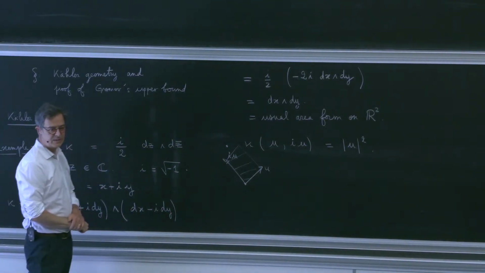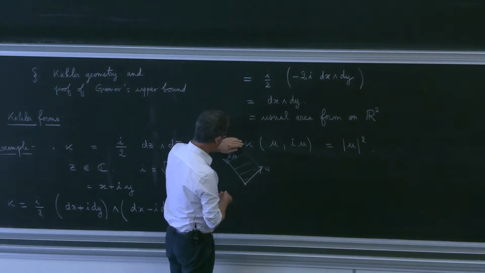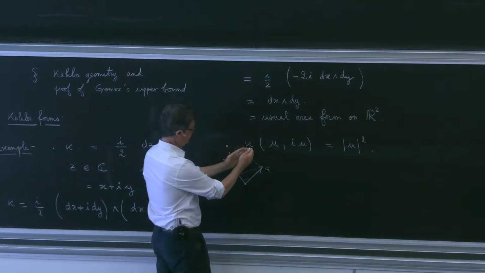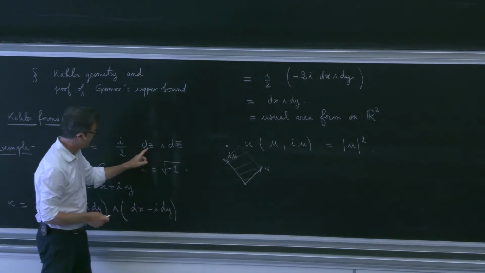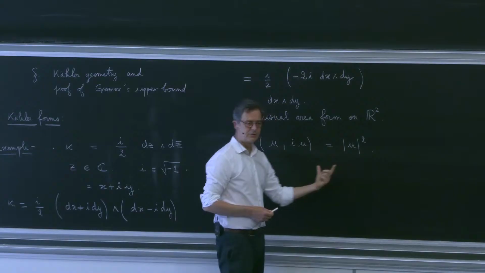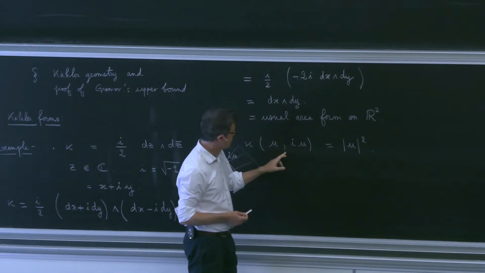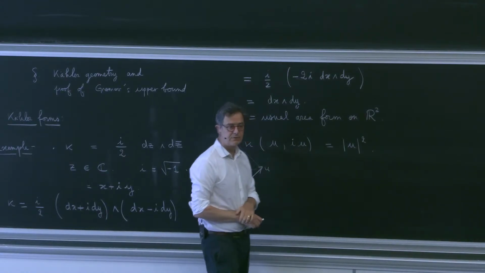So this is one way, I mean, the best way to relate a form like that, a form of type (1,1), to a Hermitian metric, to just evaluate your (1,1) form on u, comma, i times u.